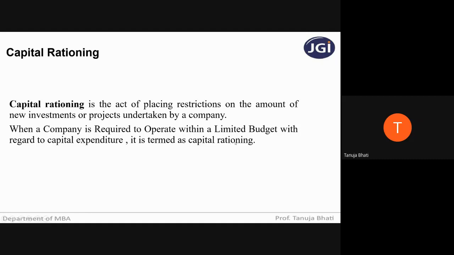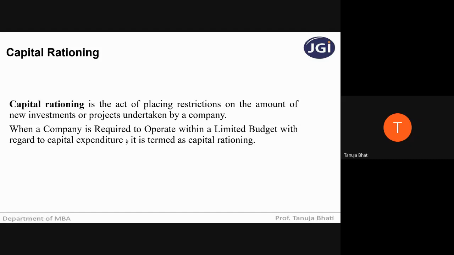So what is capital rationing in short, students? You make sure that whatever finance the company raises, it allocates among different proposals in such a way that nothing is in excess, for which it has to place certain restrictions.